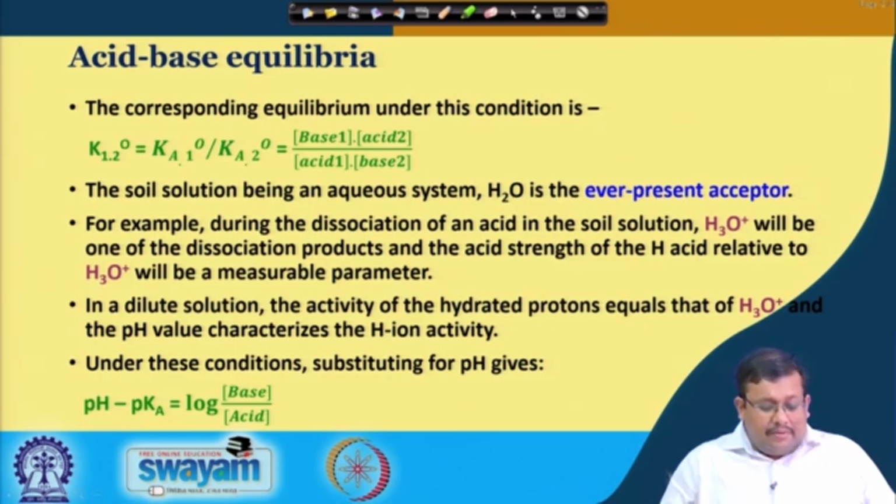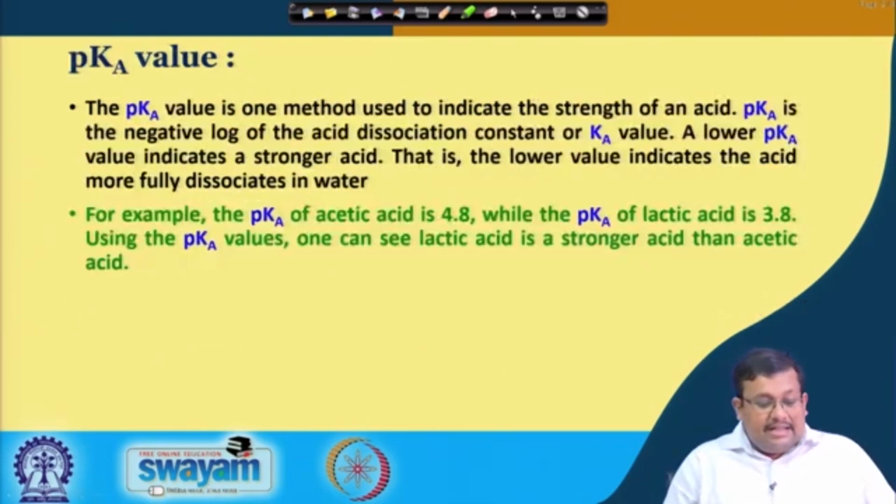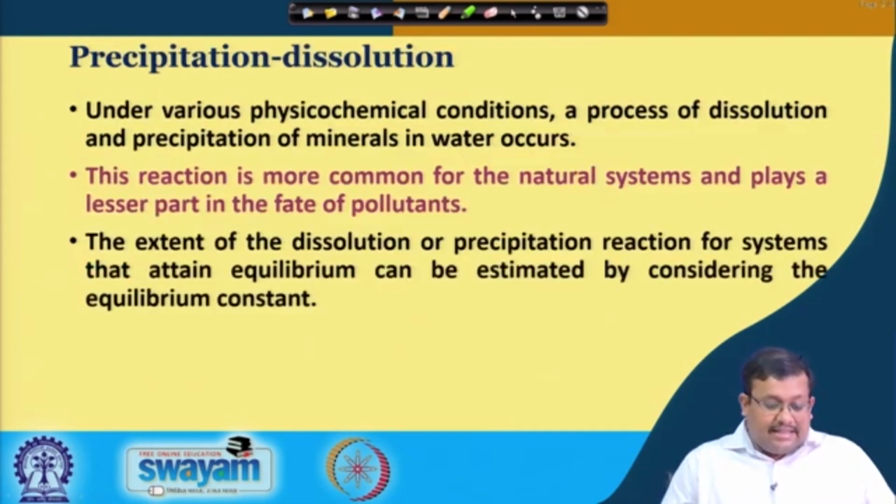Then we have discussed the importance of these hydronium ions, H3O plus, as far as the dissociation of acids is concerned, and also the pKa value. Remember, pKa is the negative logarithm of the acid dissociation constant Ka. So, a lower pKa value indicates a stronger acid. We have seen the example of acetic acid and lactic acid, where lactic acid has a lower pKa value, and as a result lactic acid is stronger than acetic acid.